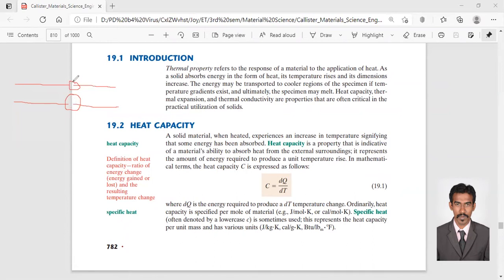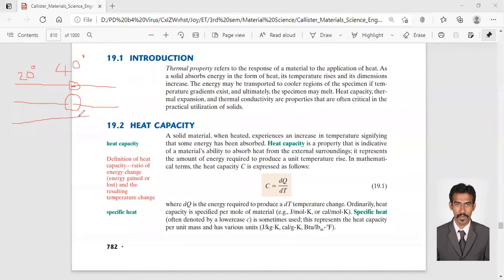This particular gap is to allow the material to undergo thermal expansion. Say, for example, the thermal expansion at 20 degrees Celsius is different from that at 40 degrees Celsius. In case of that temperature difference, the track can expand a little bit more.